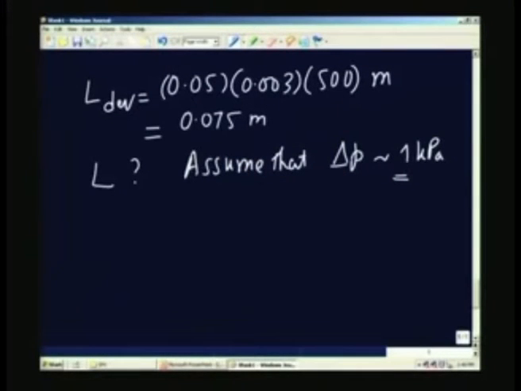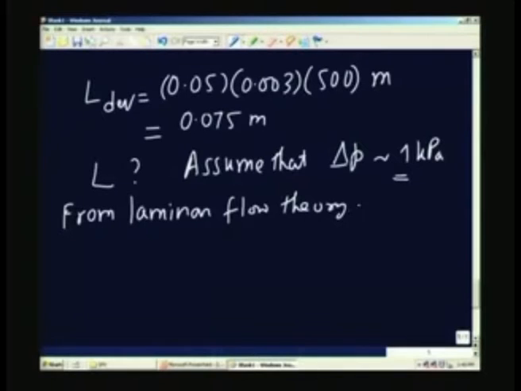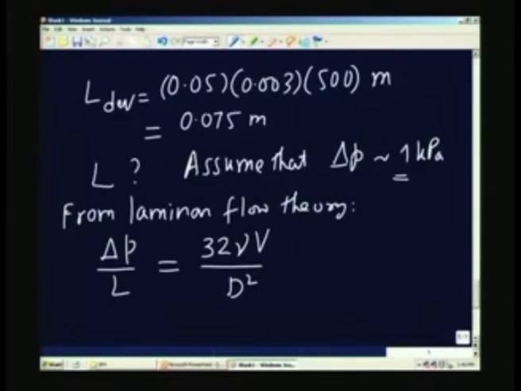In fact, we can show from laminar flow theory, we can show very easily. All you have to do is, the student has to refer to a book on fluid mechanics, and these equations are given there. We know that delta P by L, the pressure drop along a length L of the tube, is given by 32 nu V by d squared, where nu is the kinematic viscosity, V is the velocity, d is the diameter.